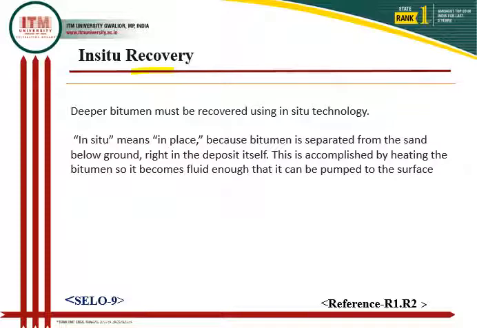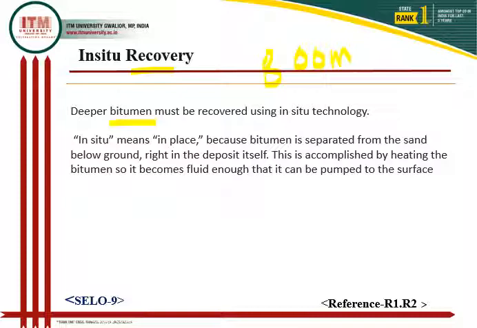The in situ recovery method is used when the oil is deeper from the earth's surface, around 800 meters. As we have learned in surface mining, when the oil sand deposits are 70 meters from the earth's surface, we select the surface mining method.